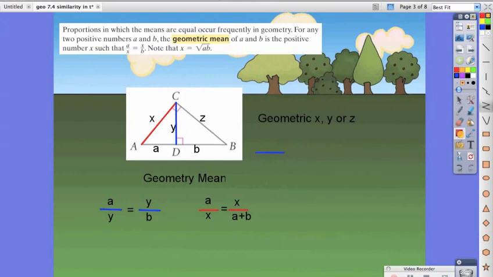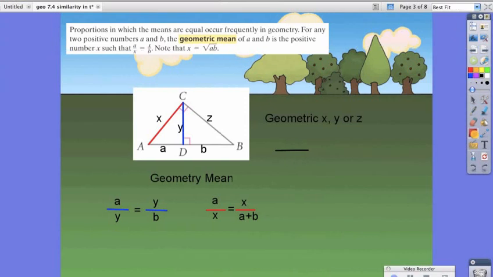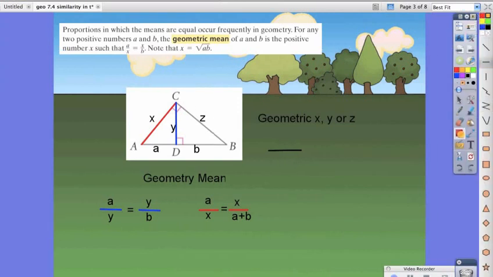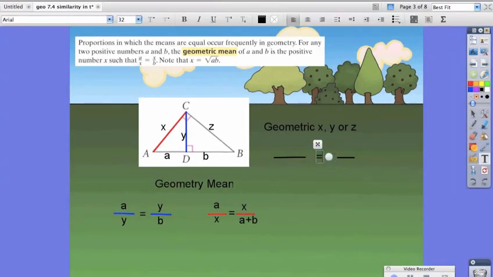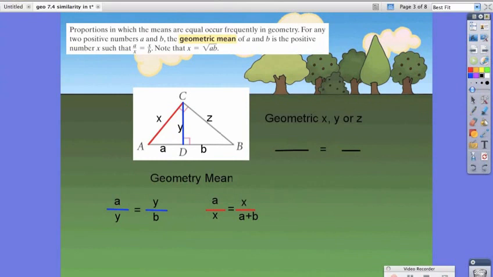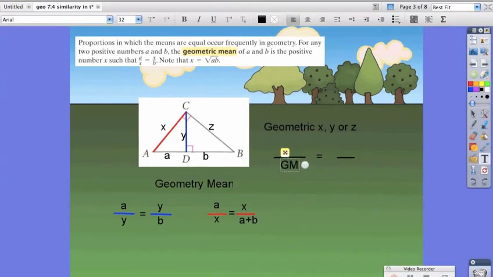I always like to look at it like this: here's a fraction bar, here's another fraction bar, here's an equal sign in between. The way that geometric mean gets calculated is we have a geometric mean down here and a geometric mean over here.